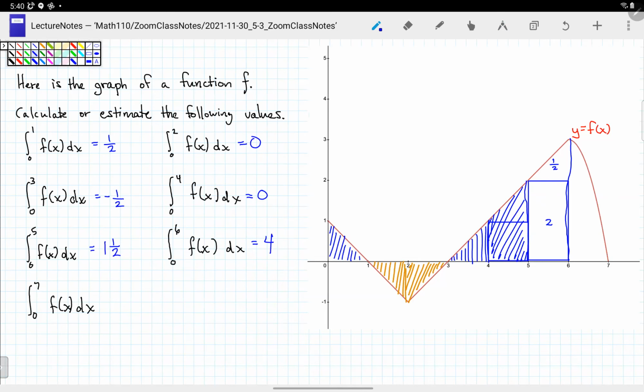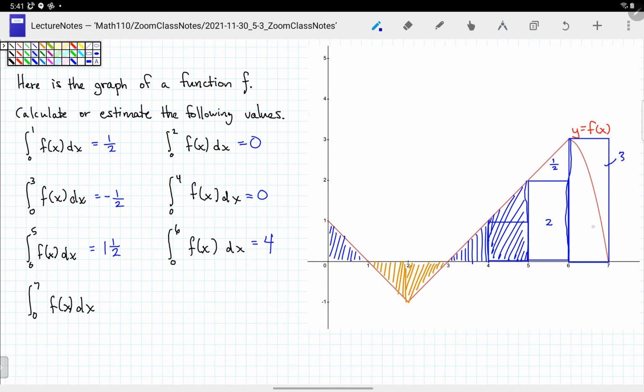And then from 6 to 7, it's sort of anyone's guess. We don't know exactly what type of curve this last bit is, but you can kind of guess. If I was to do a left rectangle here, that full rectangle has an area of 3.